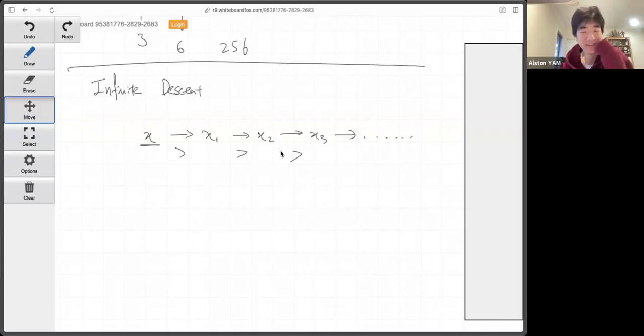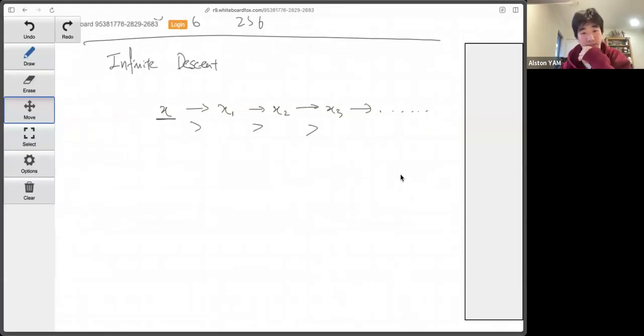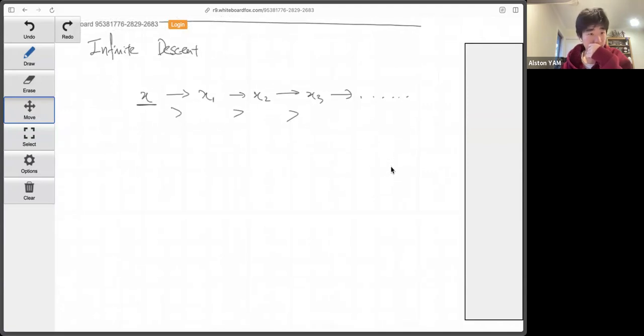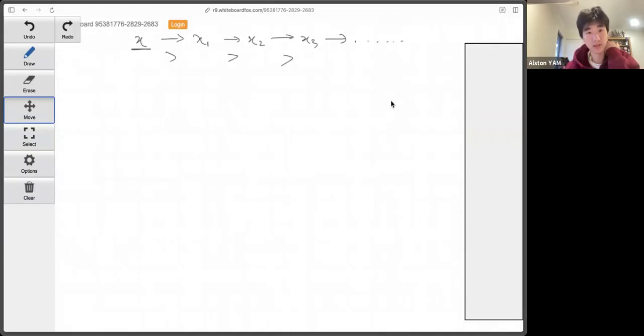Because if you keep doing this, eventually you'll get to a negative number, and that's a really big contradiction. So that is the basic technique of infinite descent. I think it will make more sense if we do an example, and then I'll go over the technique of infinite descent, and you'll be able to understand what I mean, right?